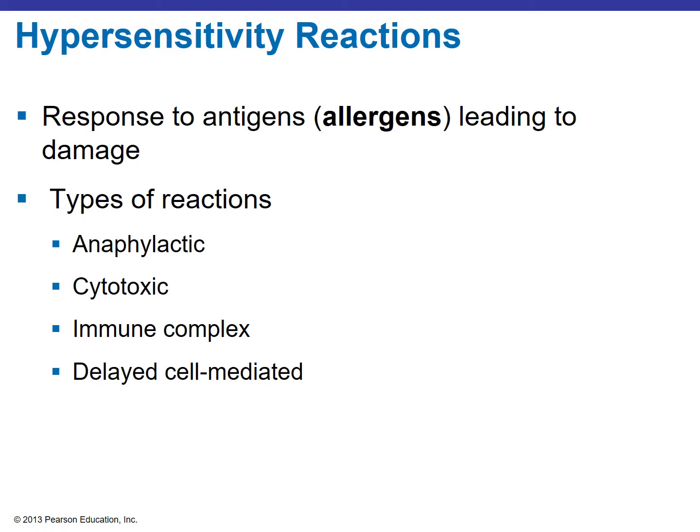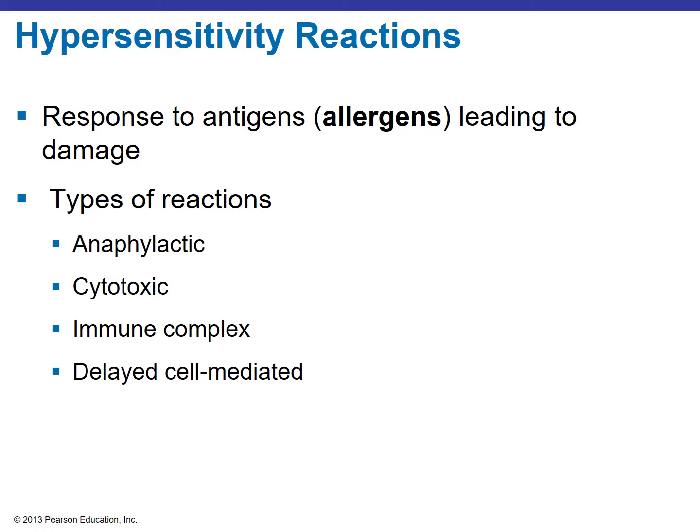These are responses to antigens, which are allergens, and they can lead to these hypersensitivity reactions. Usually the first exposure is a sensitization exposure, and then the second exposure is when your immune system reacts in a damaging way, which is not protective, and can even be life-threatening.